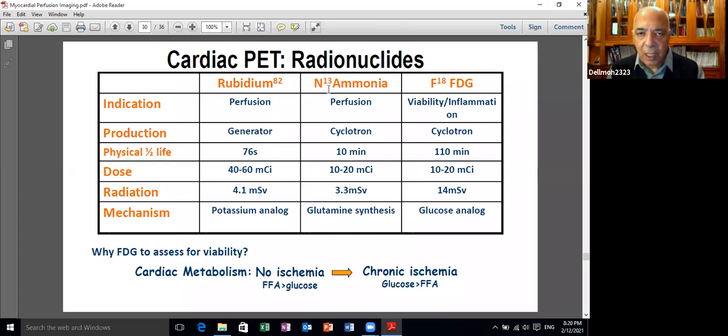Rubidium and ammonia are used as perfusion tracers, and fluorodeoxyglucose, which is a glucose analog, is used essentially as a metabolic tracer. It enters the cell through the glucose receptors, and when it enters the cell as fluorinated glucose, like glucose it wants to go to glycogen formation, it can't.